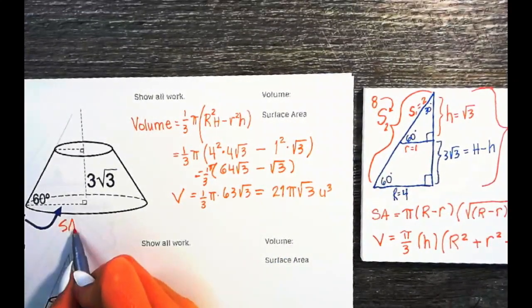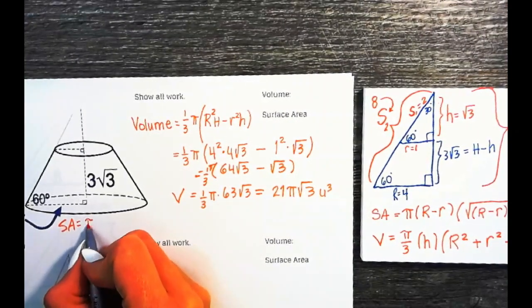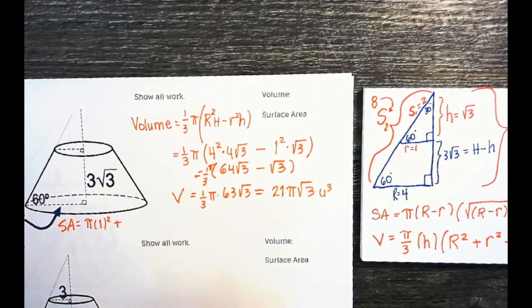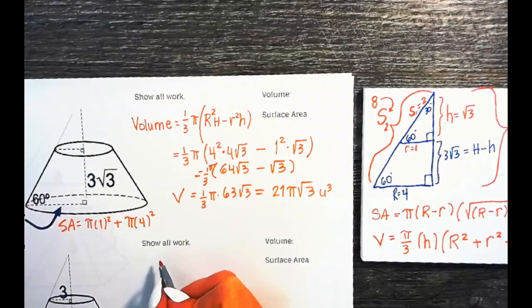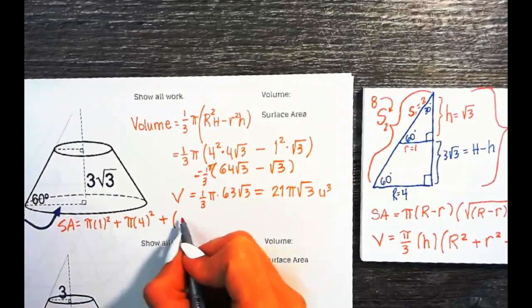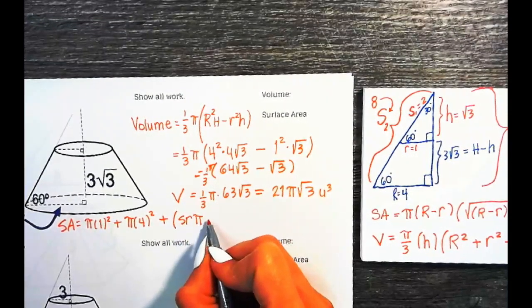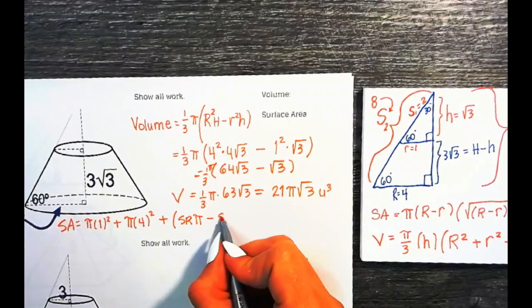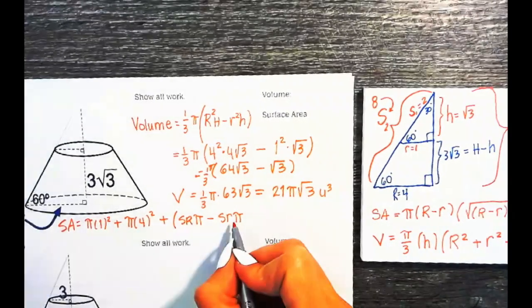As for surface area, we have the top circle, which is pi 1 squared. We have the bottom circle, which is pi 4 squared, plus we have SR pi of the bigger one minus SR pi, or pi SR, whichever way you write it, of the smaller one.